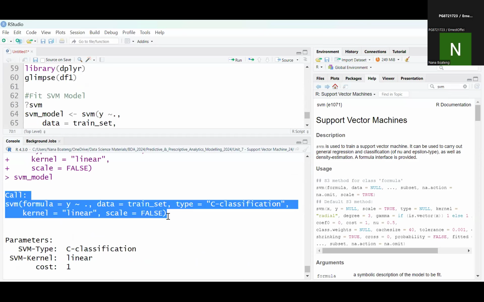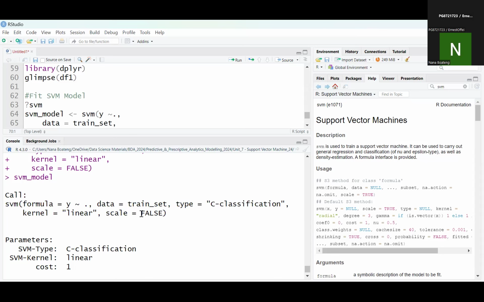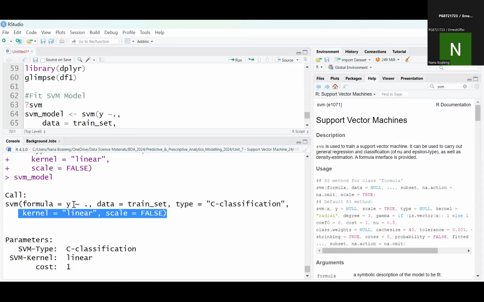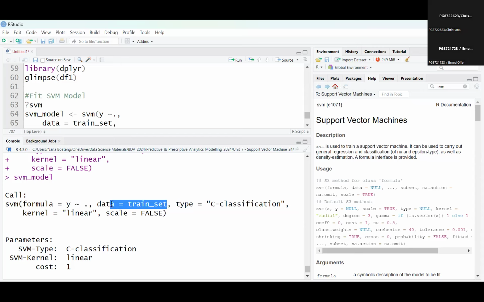These are the arguments we set. We have the relationship between the output variable and the predictors, based on the train set. We have our type, C classification. Our kernel here is linear, and we set our scale to false.